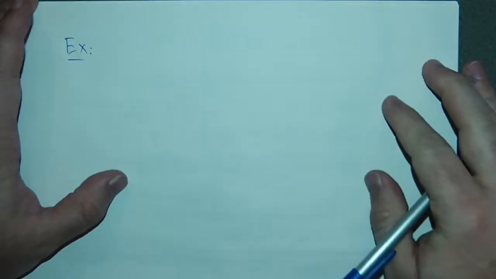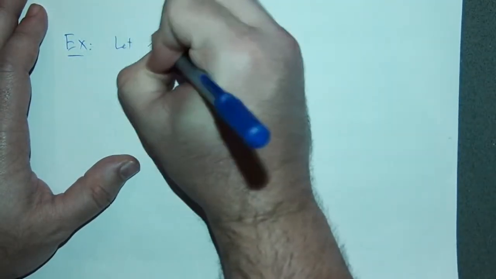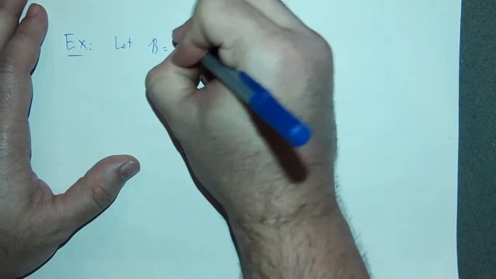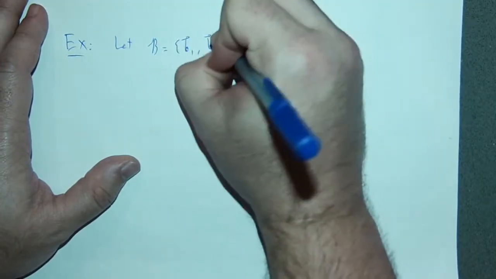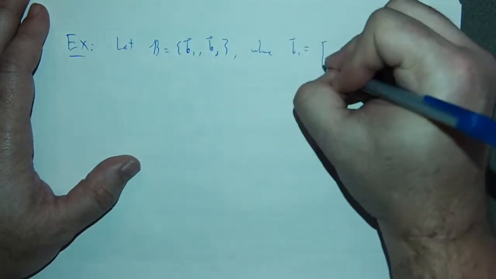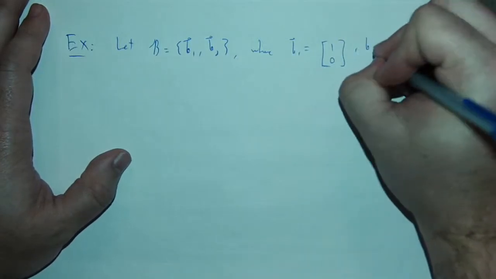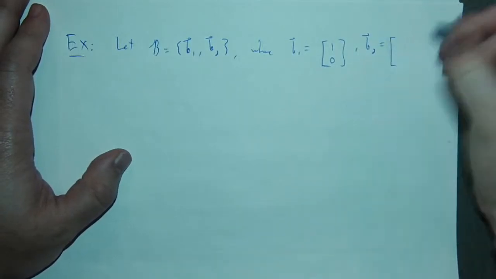Here's another example. Let B be a set of vectors B1, B2, where B1 is the vector (1, 0) and B2 is the vector (1, 2).